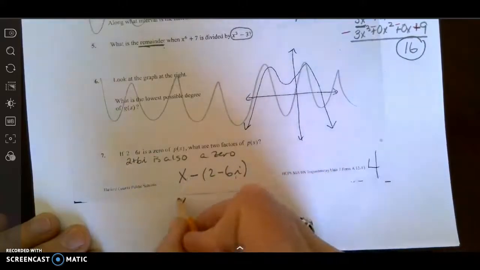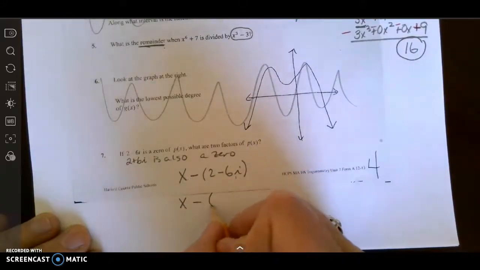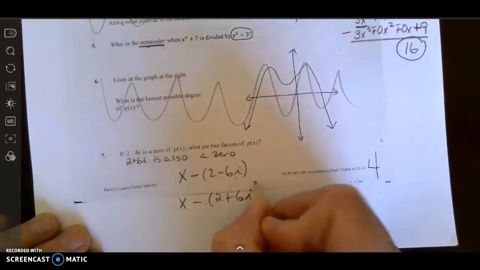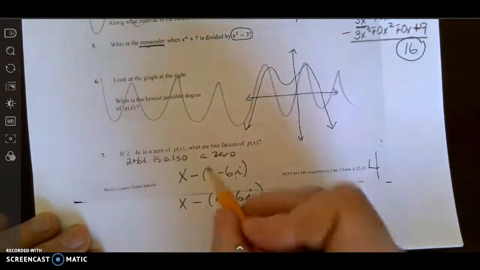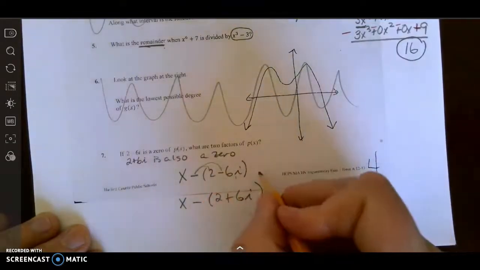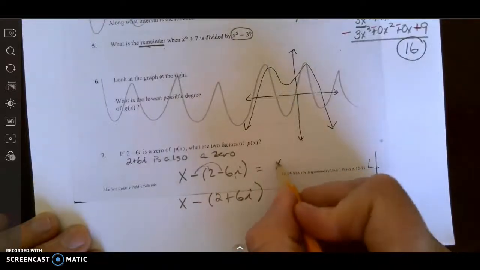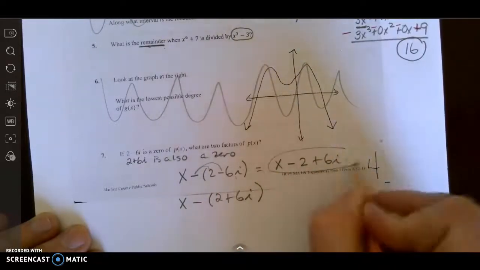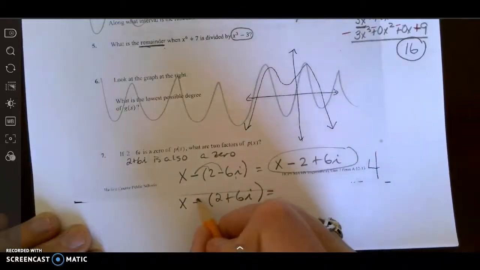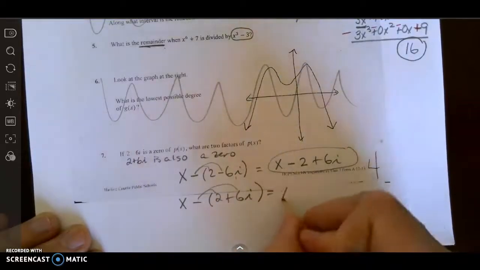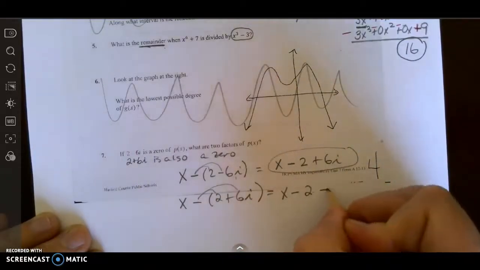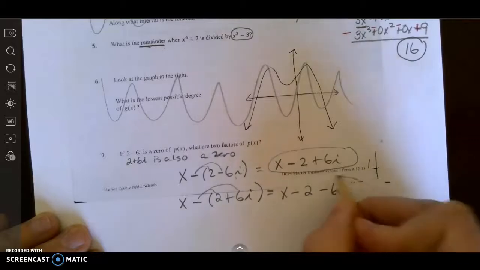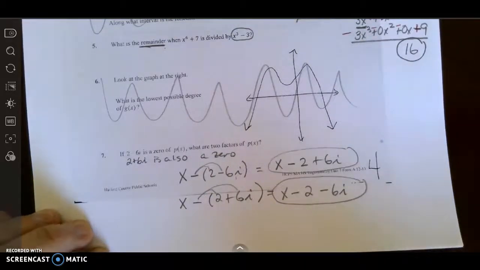The other factor would be x minus 2 plus 6i. We need to distribute. This factor then is x minus 2 plus 6i. That's one of my factors. Distribute. X minus 2 minus 6i is my other factor.